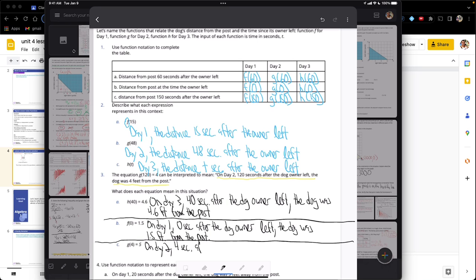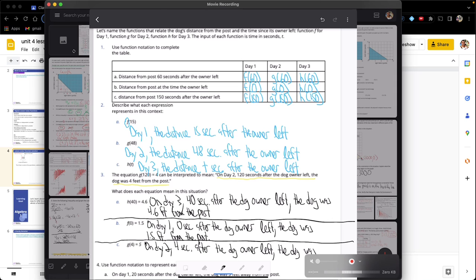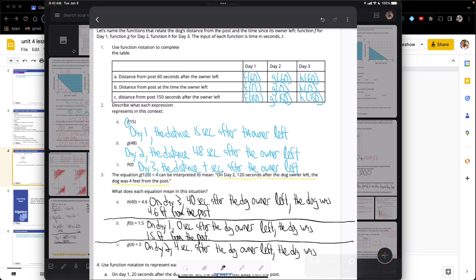4 seconds after the dog owner left, the dog was, after the equal sign, 5.